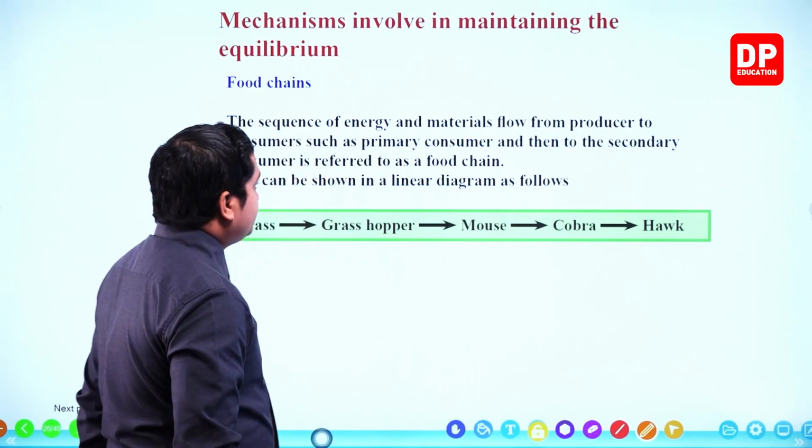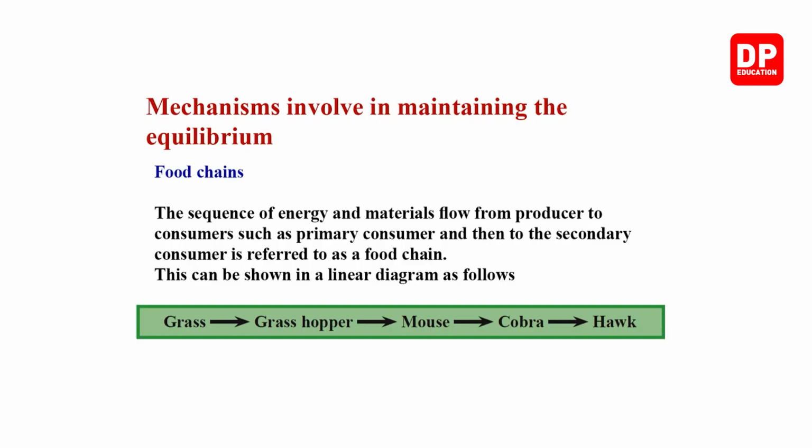So here the sequence of energy and materials flow from producer to consumers, such as the primary consumer and then the secondary consumer, is referred to as a food chain. So this can be shown in a linear diagram as follows.